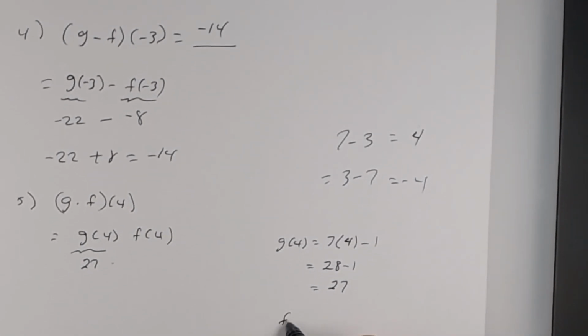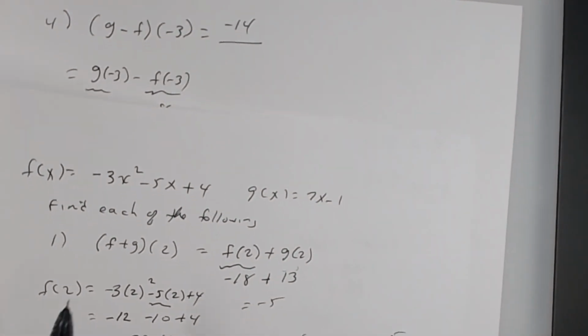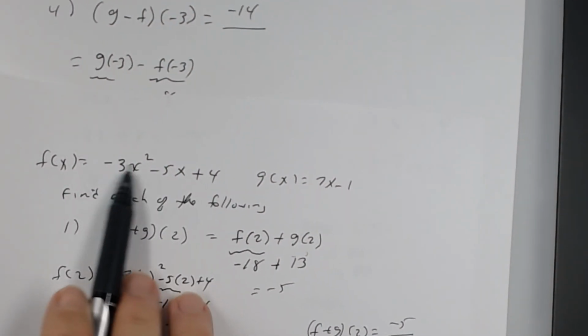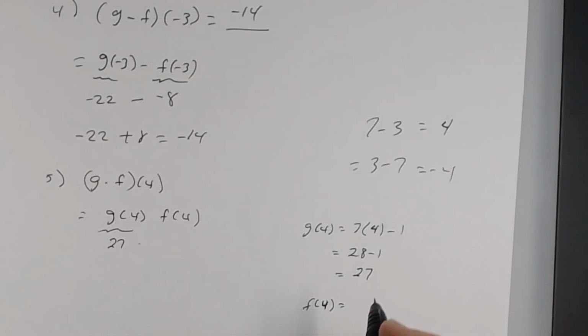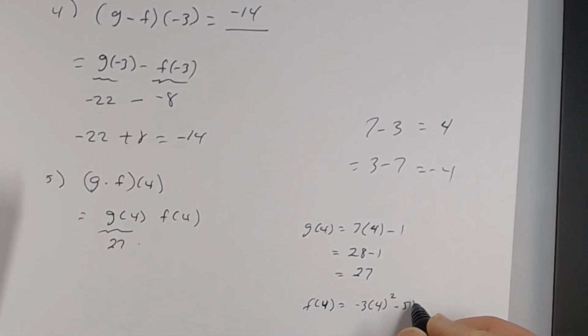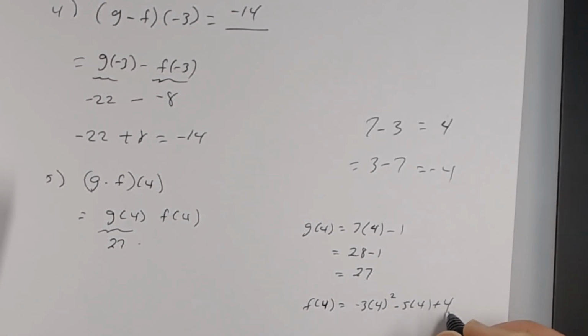Now we've got to find f of 4. So you've got to go to your function f. That was that quadratic function. So that's going to be negative 3 times 4 squared minus 5 times 4 plus 4.